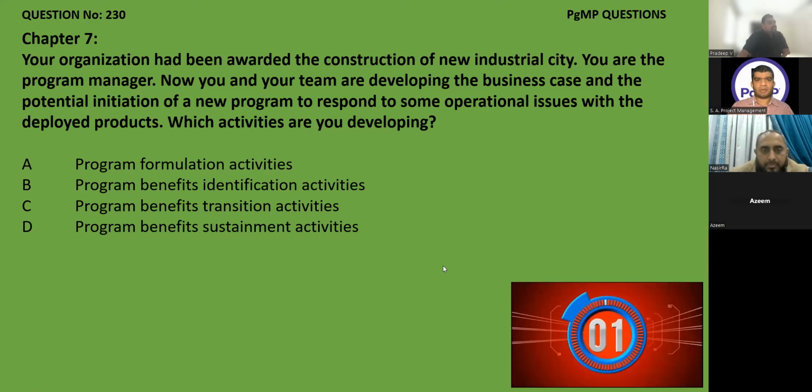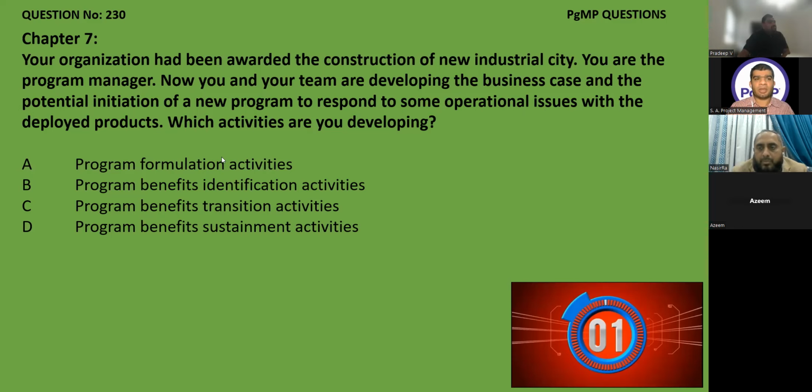Your organization has been awarded the construction of a new industrial city. You are the program manager now, and you and your team are developing the business case and the potential initiation of a new program, not your program, but a new program to respond to some operational issues with the deployed product.